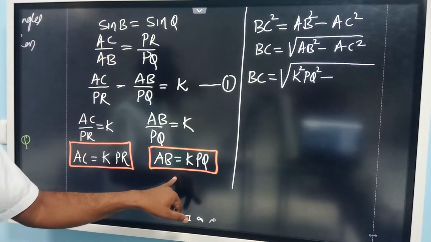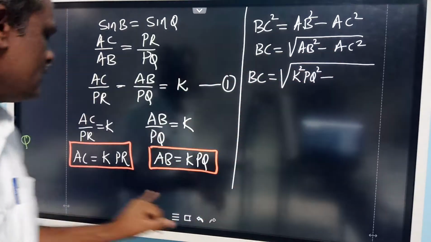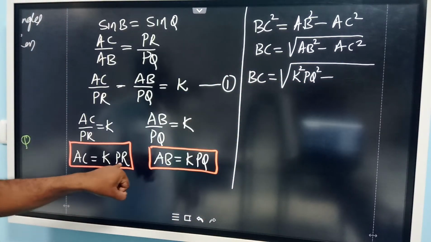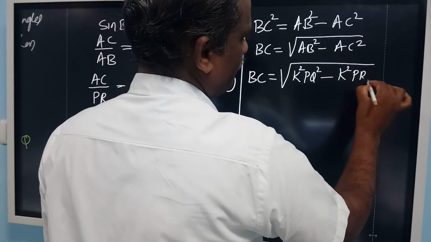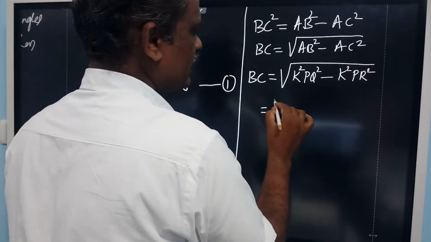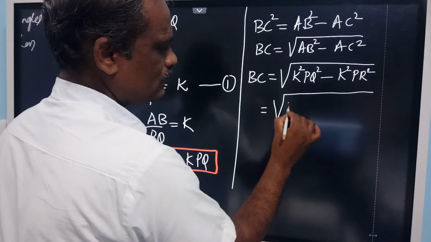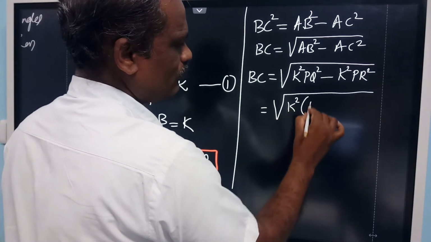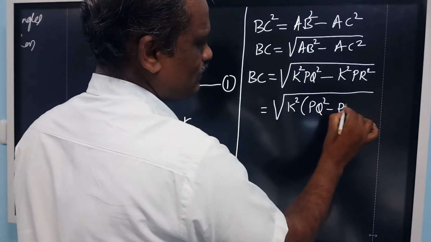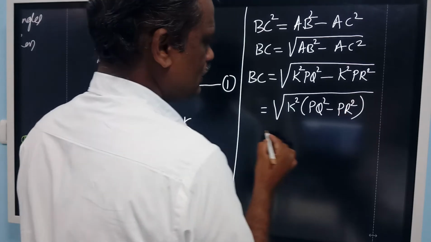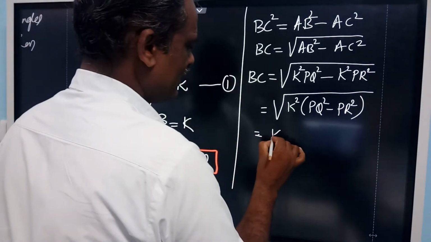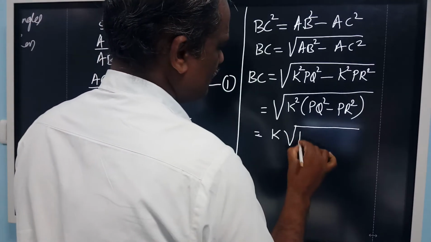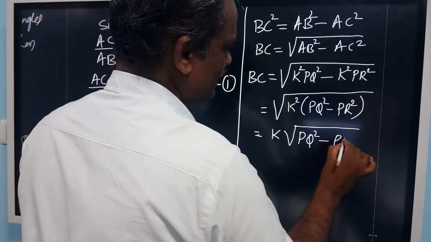Similarly, AC square, substitute this value, becomes K square PR square. So you can take K square common: K square times PQ square minus PR square. You can take K square outside the root. It becomes K root of PQ square minus PR square.